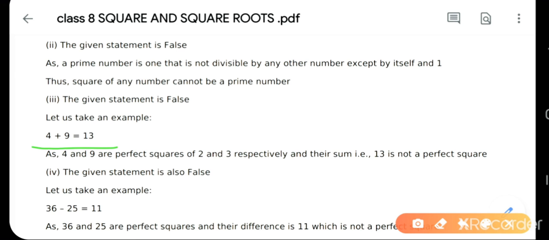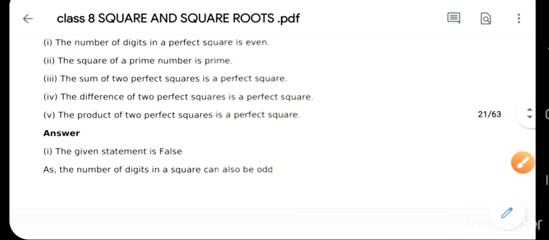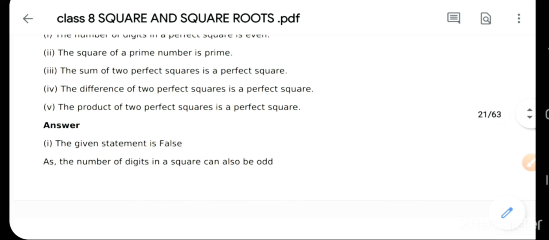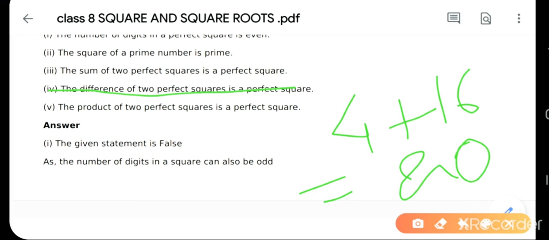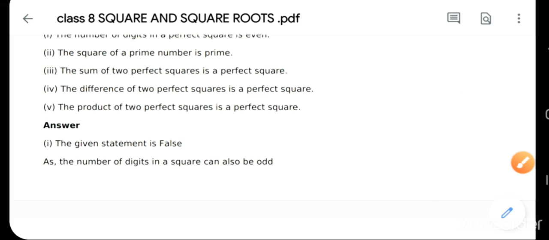Their sum is 13, which is not a perfect square. Sorry to say, but the statement was about the sum of two perfect squares. The sum of two perfect squares is a perfect square, which is false. If we take other examples also, suppose we take 4 and 16, which gives 20, which is not a perfect square. So it's clear from there.